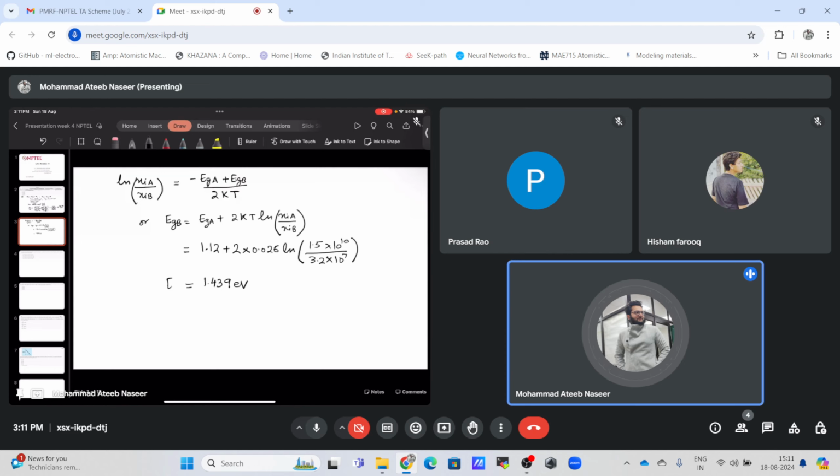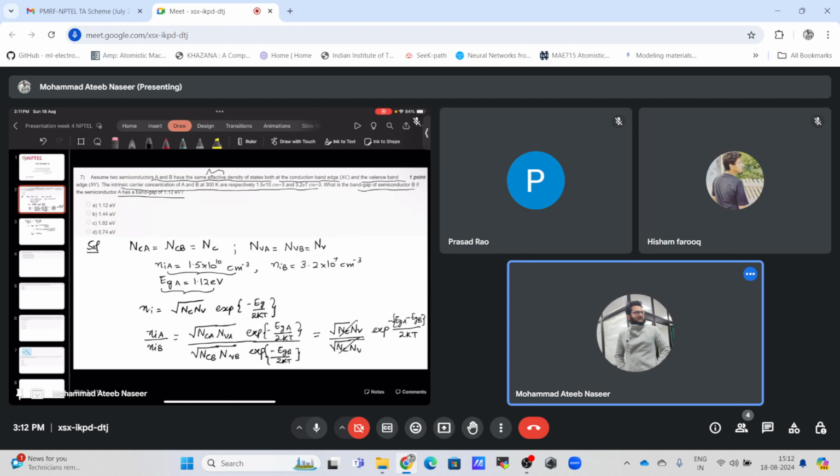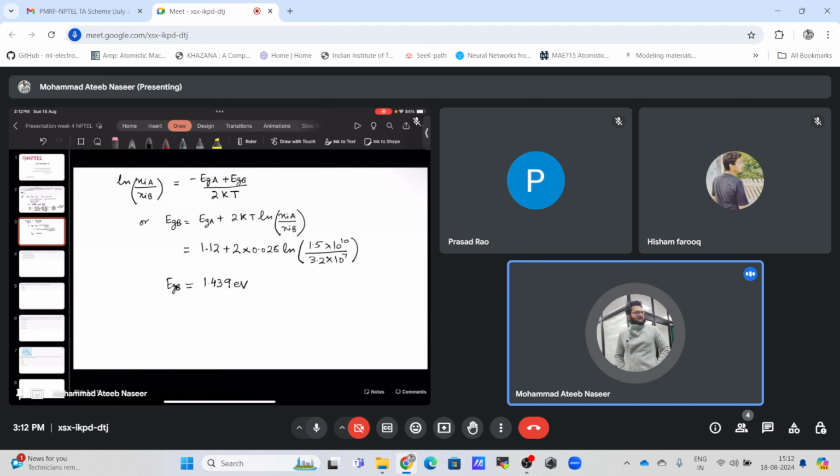That is the band gap of B. Or simply let's check the options. So from this we can say that option B is matching with our results, so we will go with option B because this is approximately equal to 1.44 electron volts.